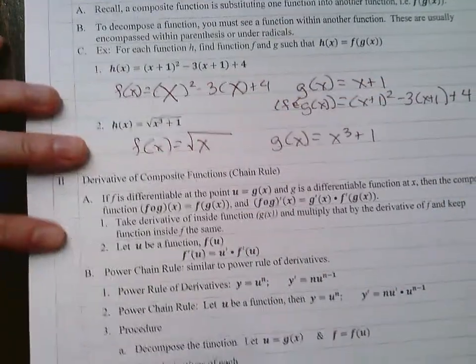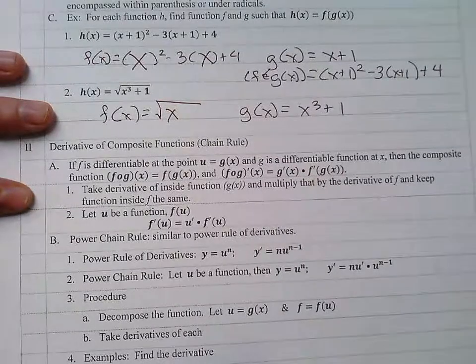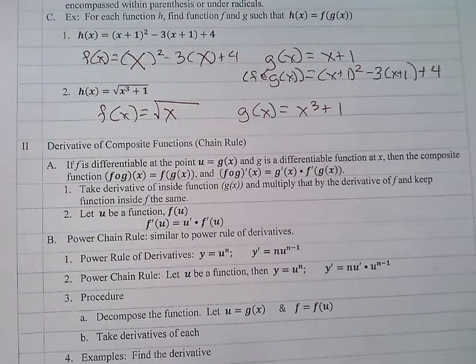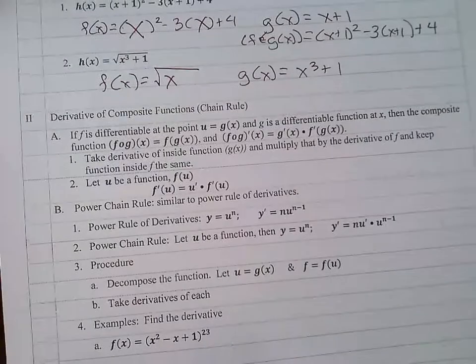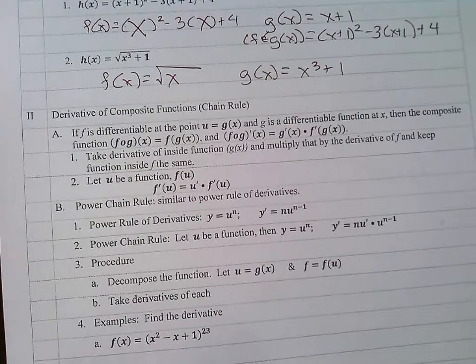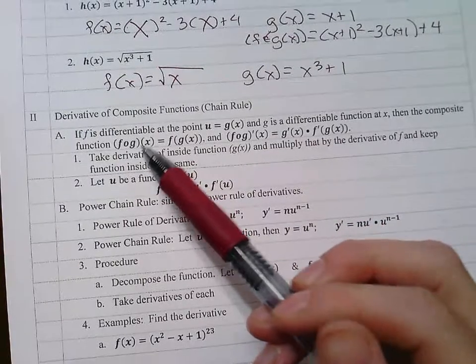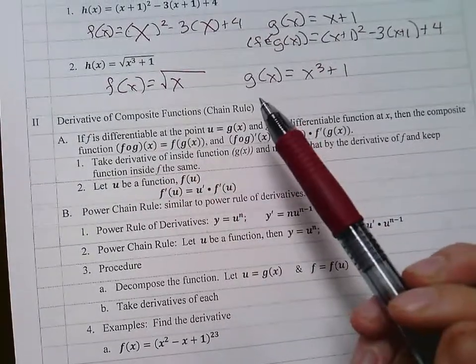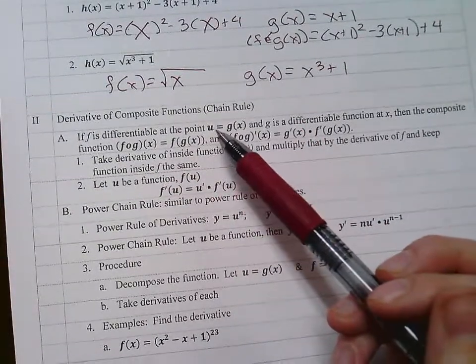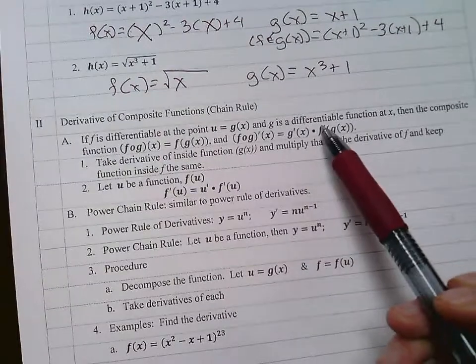So if you know how to do this, you're already on a good way of knowing how to do the chain rule. Okay, so what a chain rule is. So we're going to be finding the derivative of functions in a function. So here we go. So if f is differentiable at the point u equals g of x, and g is a differentiable function.